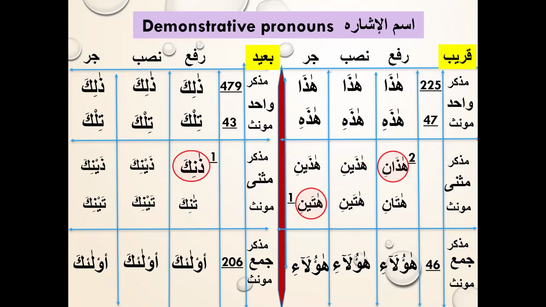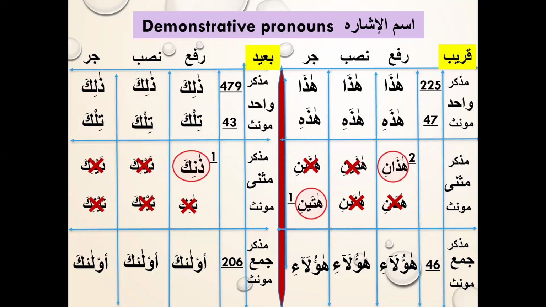And for the plural, this word ulaika is used 206 times in Quran Majid. It can be used for the rafa or nasab or jar. So altogether, it is used 206 times. Okay, so what about the other dual words? Look what I did. It's a cross, it means these words are not used in Quran, not even a single time.